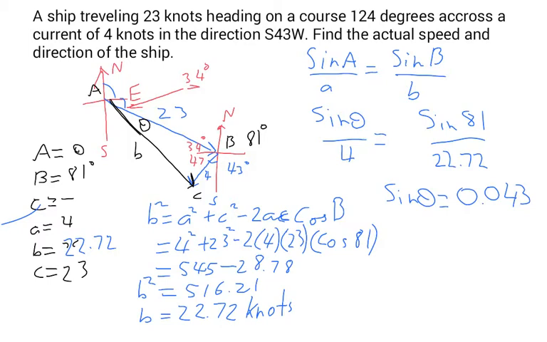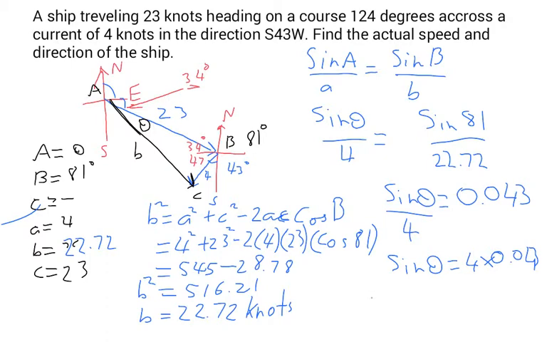So that's over 4. I better not forget the over 4. So sine theta equals, take the 4 over to the other side, so equals 4 times 0.043.